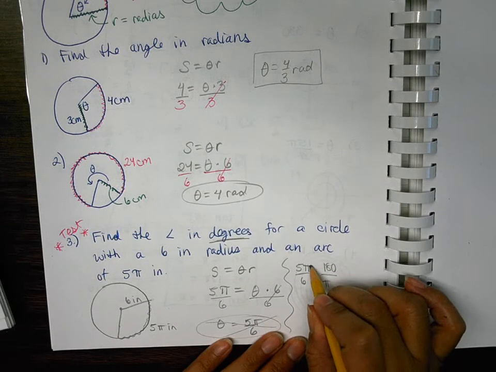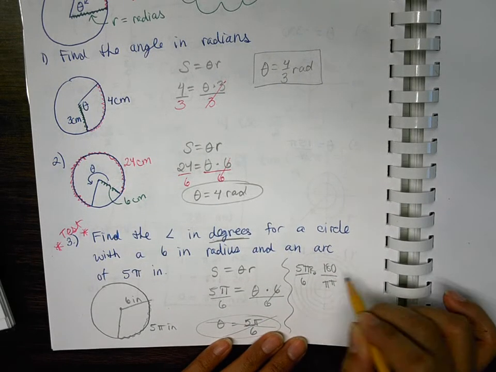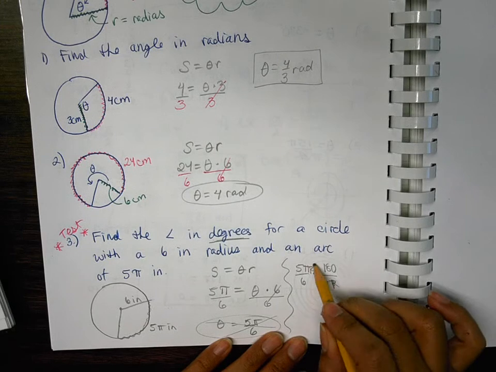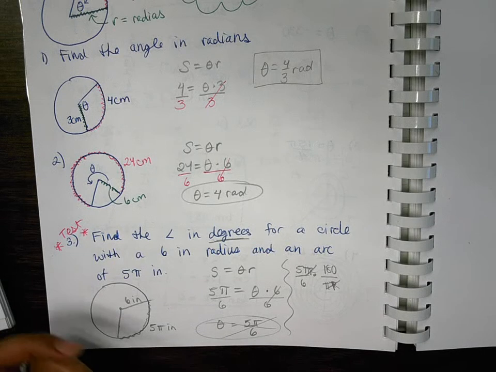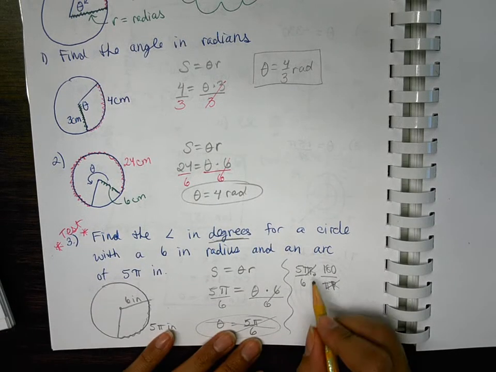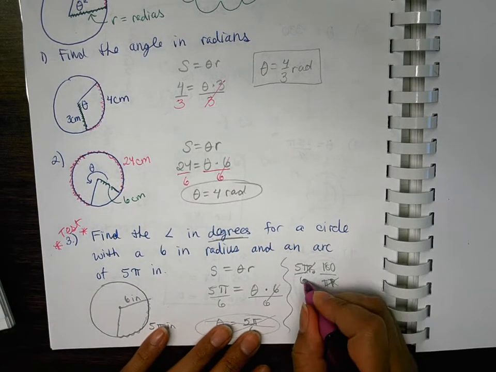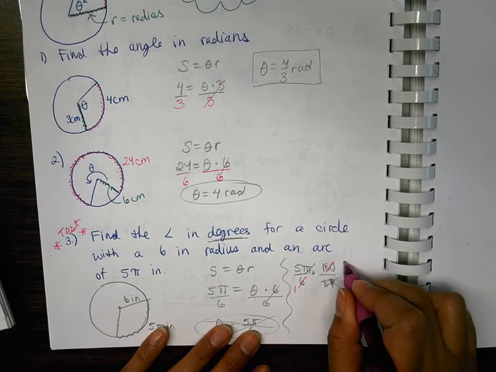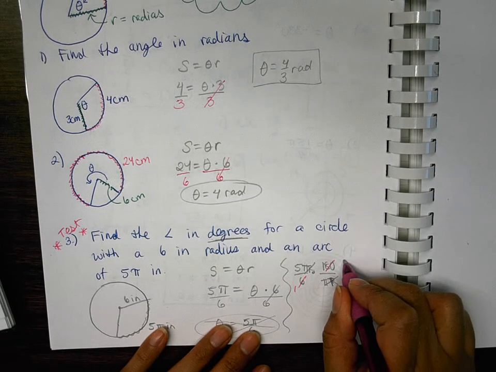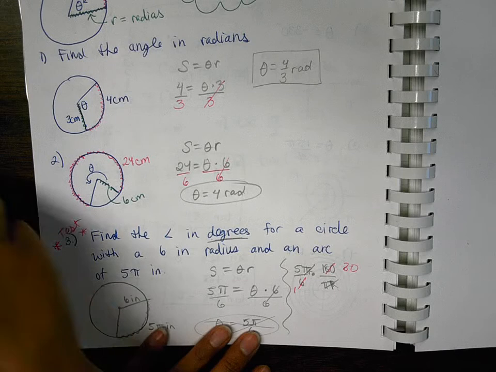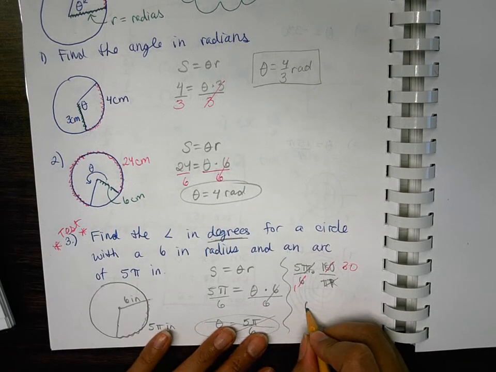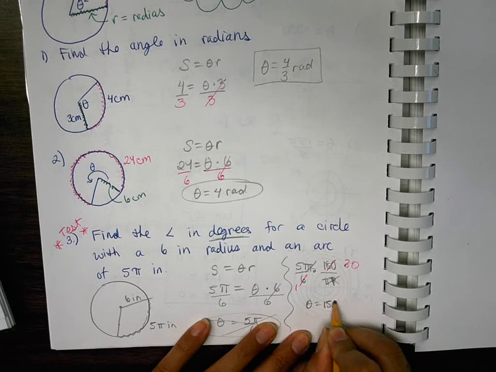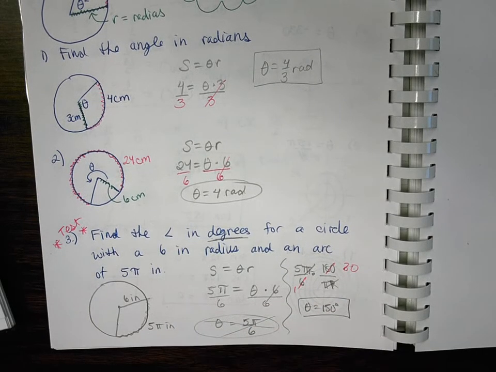And since this is a radian and that's a radian, will the pi and the radian reduce? Yes, remember the pi's don't always reduce. The radians will. All right, 6 and 180 reduce. 6 becomes 1, 180 becomes 30. And then 5 times 30 is 150. So theta equals 150 degrees.